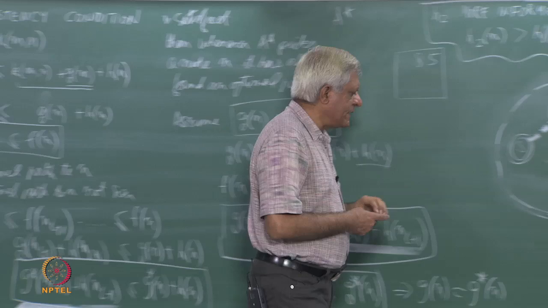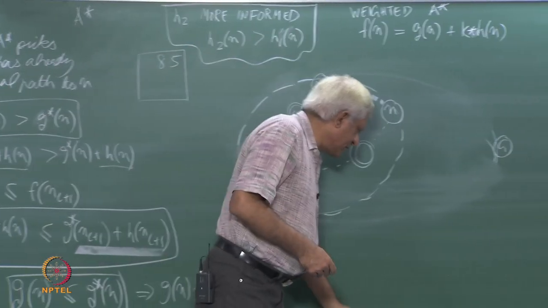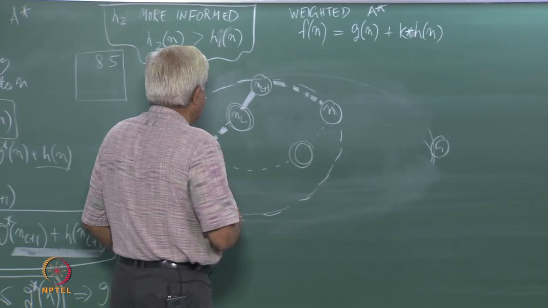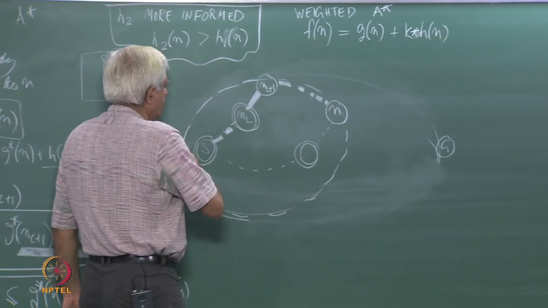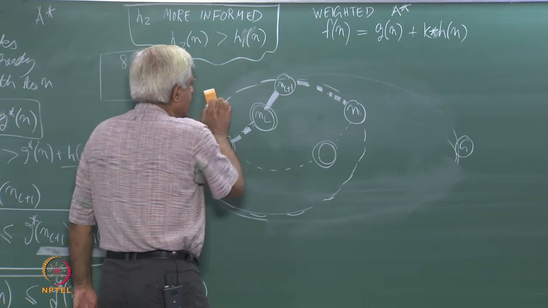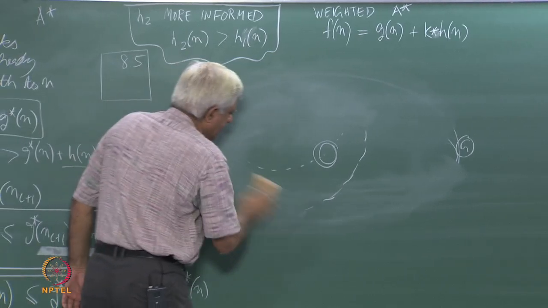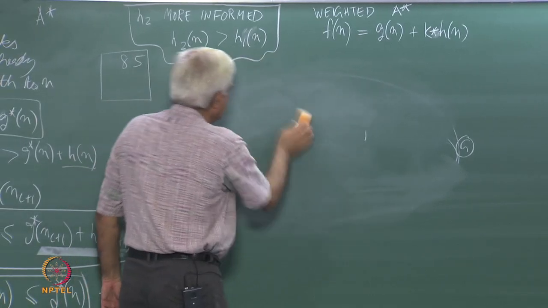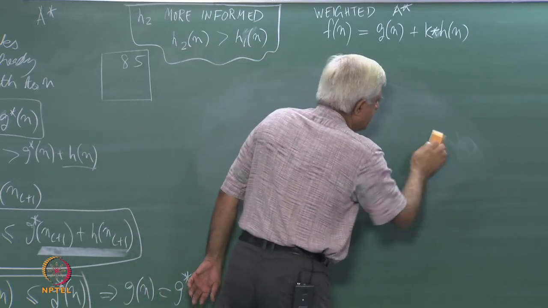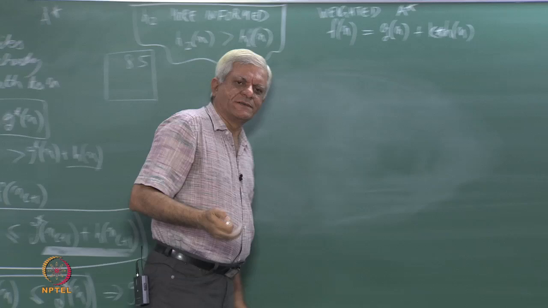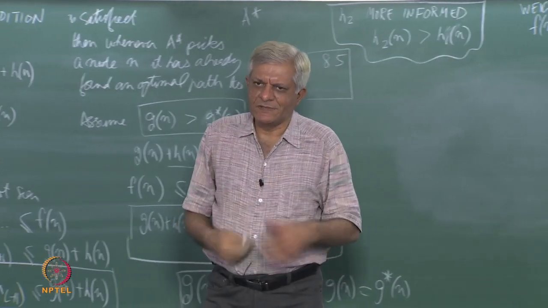So, one of the first ideas that was explored is an extension of an idea that we have seen earlier, which is that do depth first search instead of best first search.